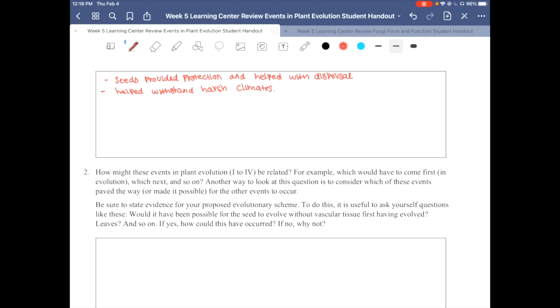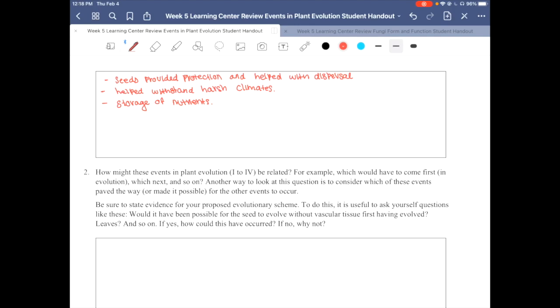Also, another thing is that the seed usually provided nutrients for the embryo, so you have a storage of food, and the developing plant can use that food that's stored in the seed. And this was particularly helpful when they needed to be dormant for a little bit.